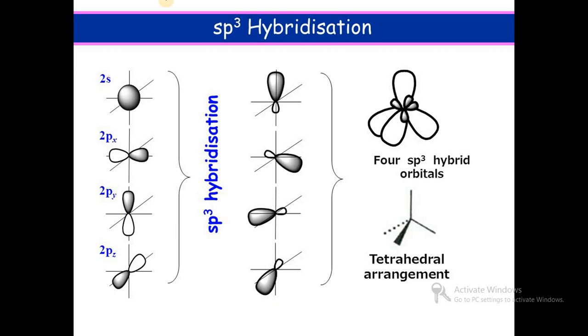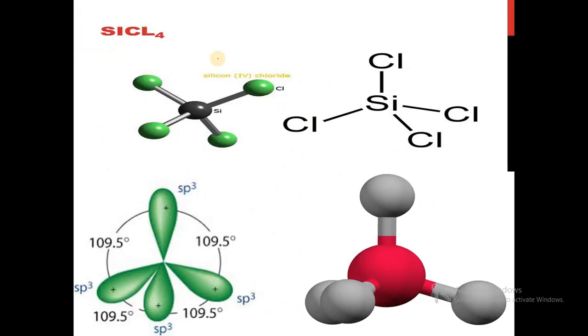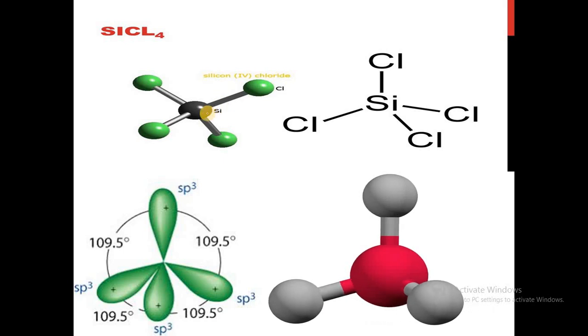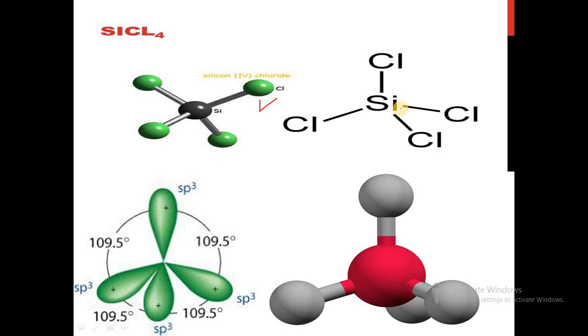In sp3 hybridization, one s and three p orbitals mix and recast with each other, giving four sp3 hybrid orbitals having equal energy, and the geometry is tetrahedral. In the case of silicon tetrachloride, silicon is tetrahedrally surrounded by chlorine atoms, like this one.